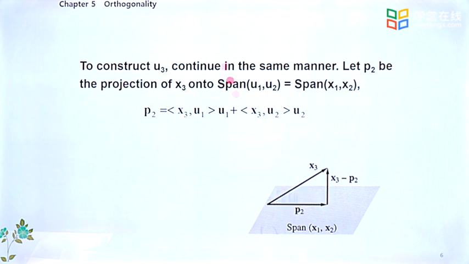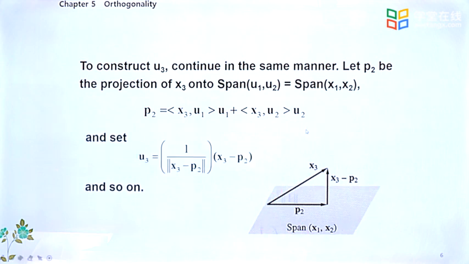So p2 is the projection of x3 on the span of u1, u2, because span of u1, u2 equals span of x1, x2. And then we know that this new vector x3 minus p2 is orthogonal to span of x1, x2, to span of u1, u2. So next, we set u3 equals x3 minus p2 divided by its length. And we continue this process.